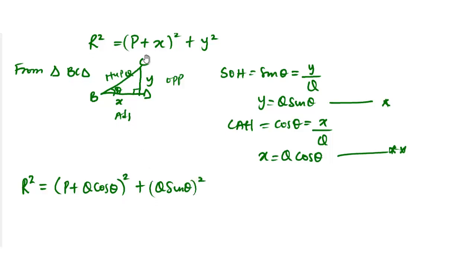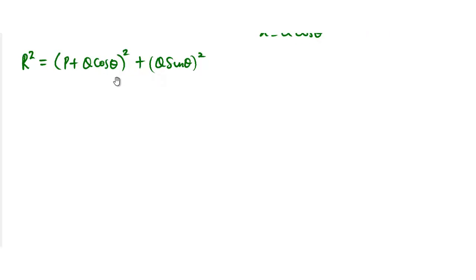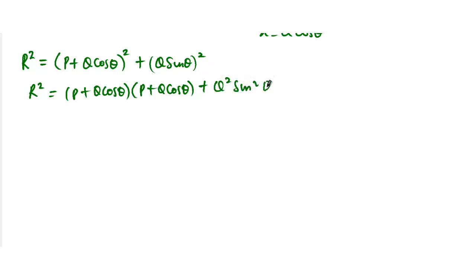Okay, so this is just the mathematics aspect of it. So we now have R square will now be P plus Q cos theta into bracket P plus Q cos theta, plus Q sine theta square, that will give us Q square sine square theta.